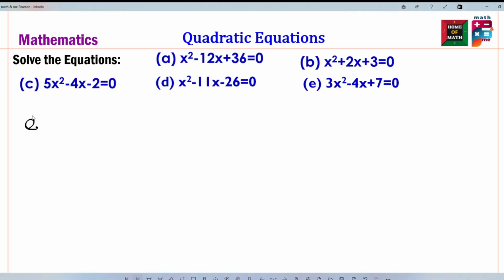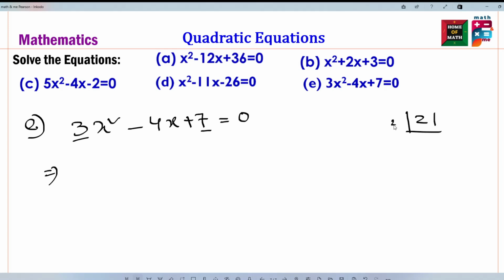Here is 3x square minus 4x plus 7 equals 0. So first we will try by factoring. Here is 3 and 7, so 3 into 7 means 21. So we can write it like this: 3x square minus 7x plus 3x plus 7 equals 0.